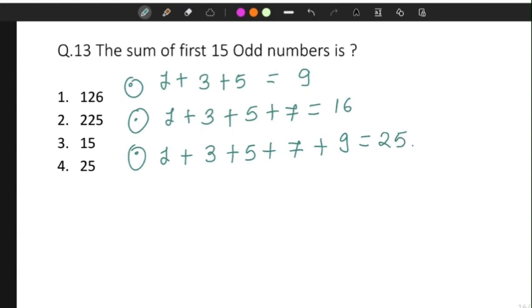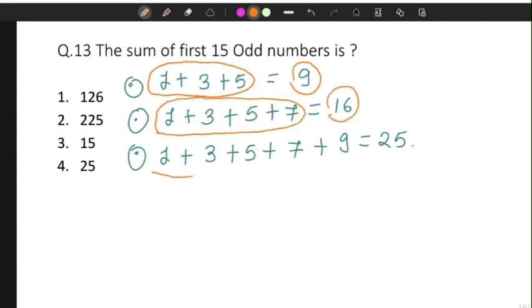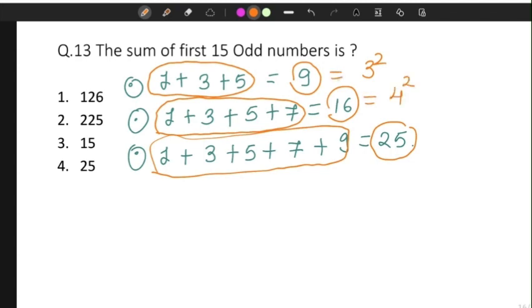Got it? Just focus on my words. The first 3 odd numbers' summation is 9. The first 4 odd numbers' summation is 16. The first 5 odd numbers' summation is 25. First 3 odd numbers, 3 square is 9. First 4 odd numbers, 4 square is 16.